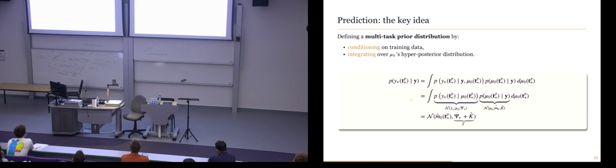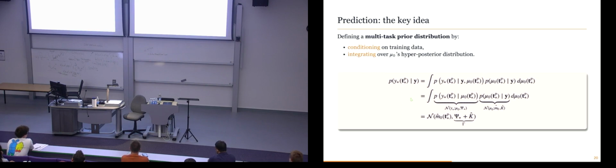And intuitively, what does it tell you? It tells you that this new task that you partially observed is centered over the mean that you've learned during training for your mean process. So from data, you've aggregated data from everybody and you've created a mean process, and that's what you recover here.